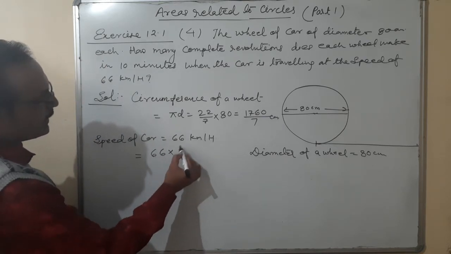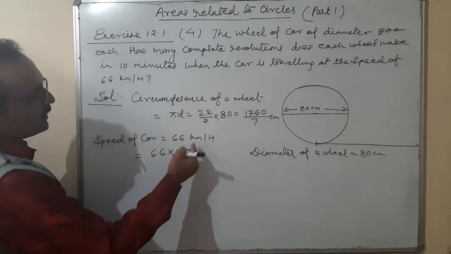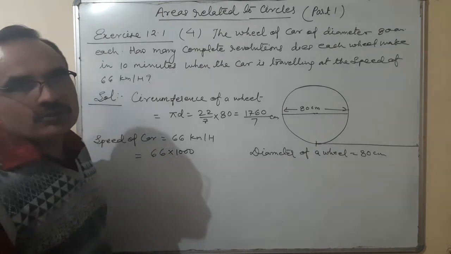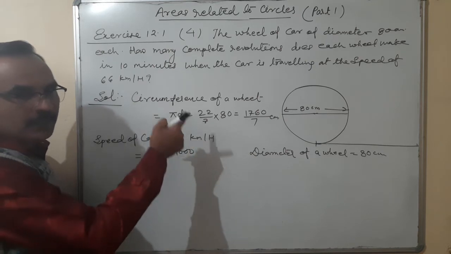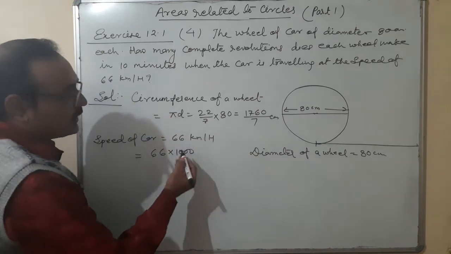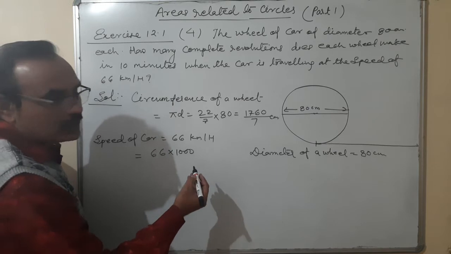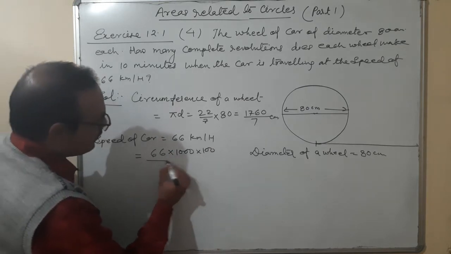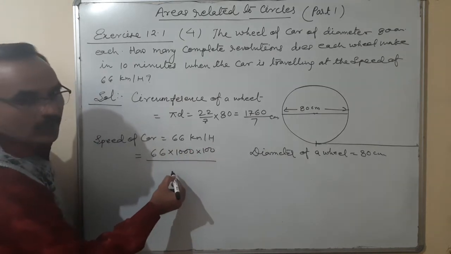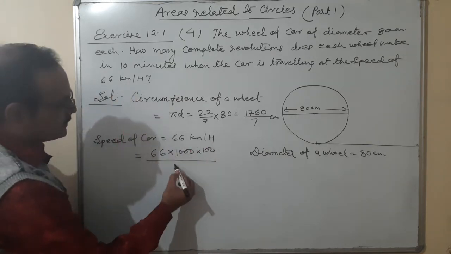66 multiplied by 1000. Why is it? Because in 1 kilometer we know there are 1000 meter. This converts it into meter, but we are converting into centimeter, and 1 meter is equal to 100 centimeters, multiplied by 100, upon 1 hour. 1 hour is how many minutes? 60.